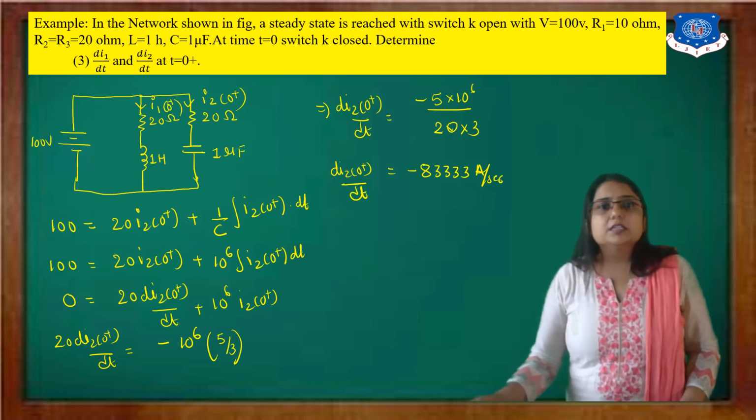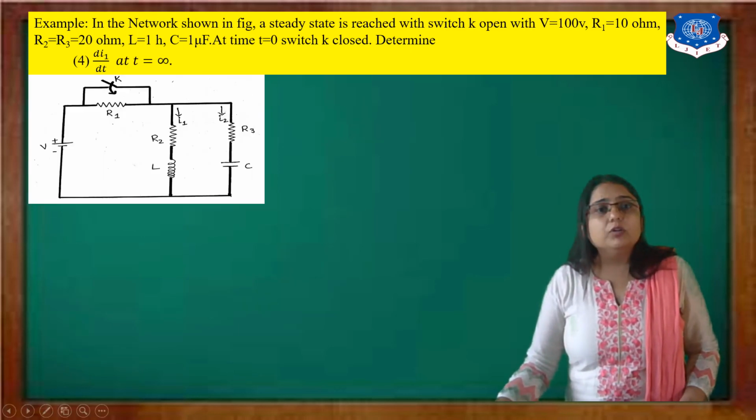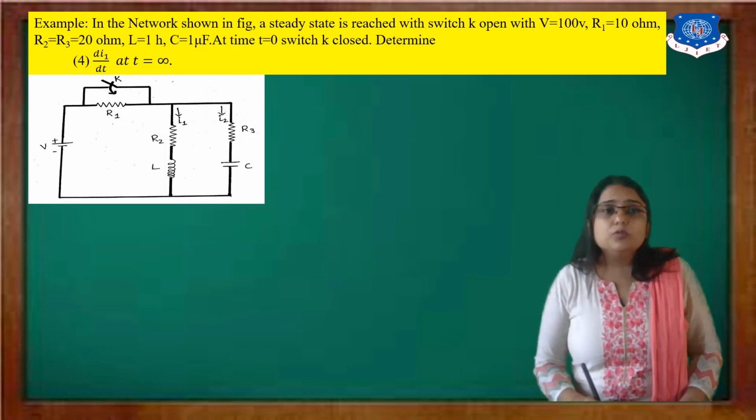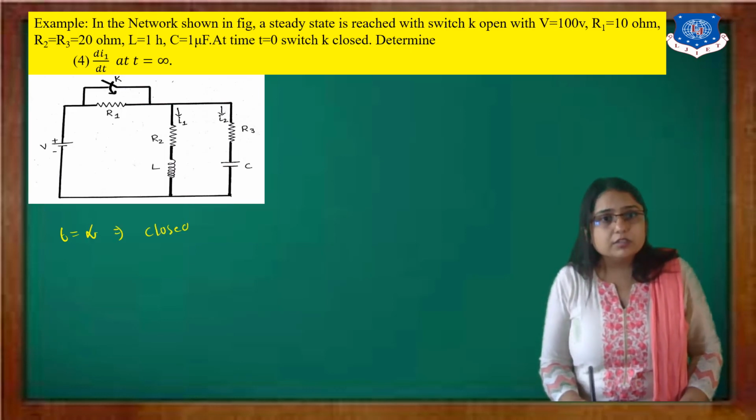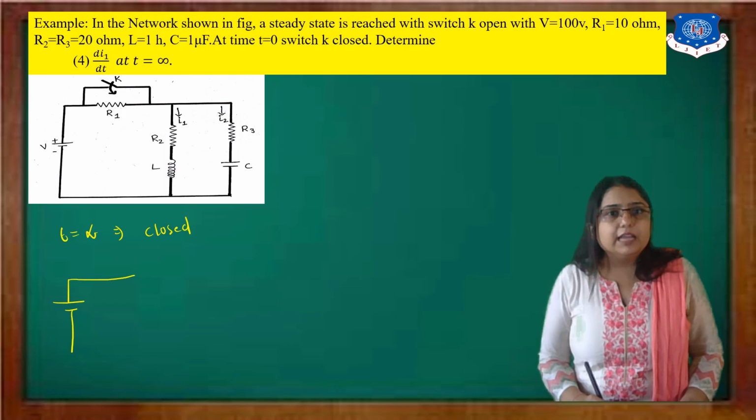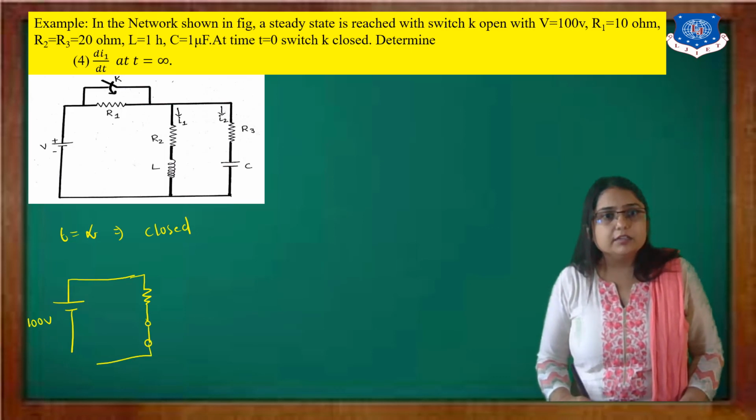Now next, we want to find out di1/dt at t equal to infinite. So we know that at t equal to infinite, the switch condition is closed. So again we will draw the diagram, but in that diagram, remember one thing: the inductor is fully charged, energized, so it acts as a short circuit, and my capacitor is fully charged, so it will act as an open circuit.